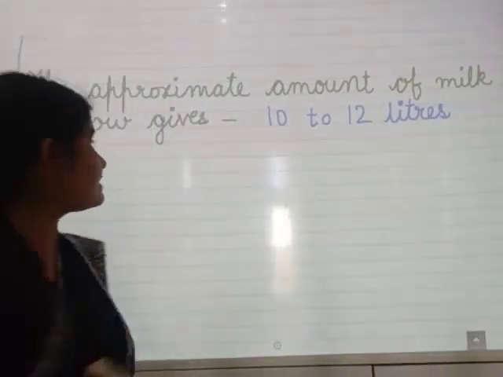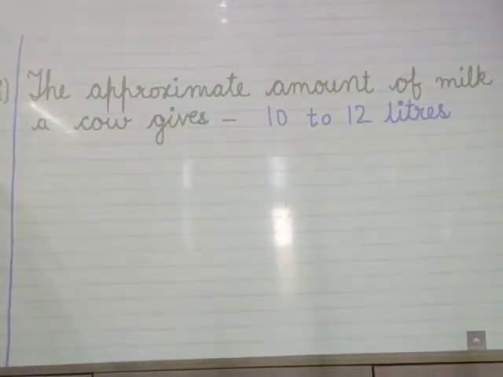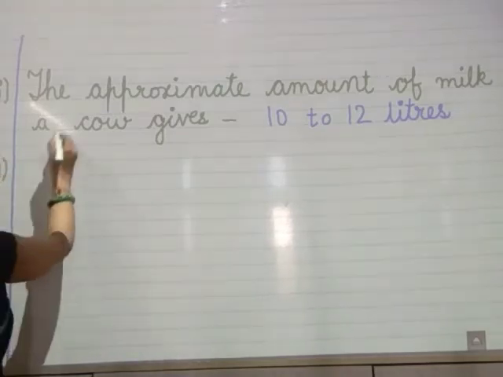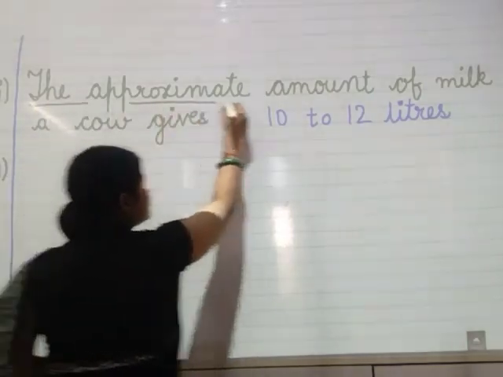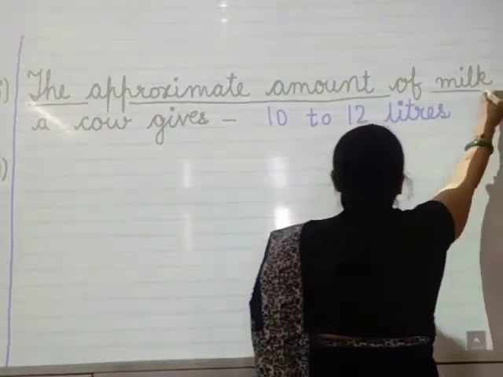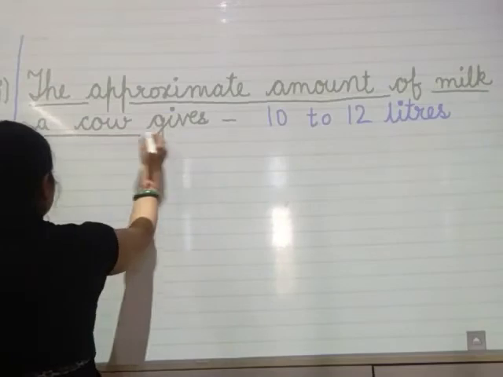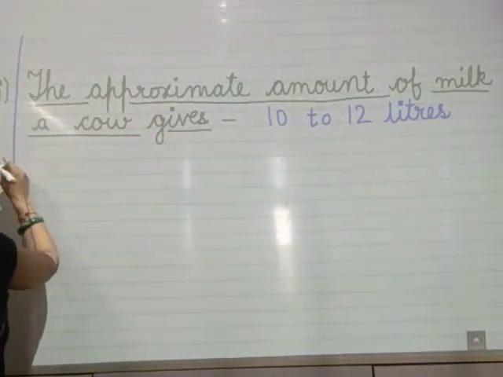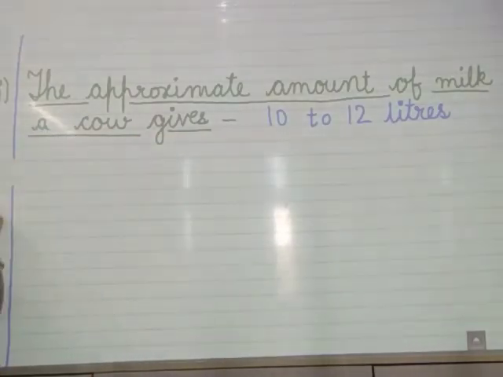Now the third one is the different milk products. दूध से क्या बनाया जाता है? That you have to write. Now we are going to write the different milk products.